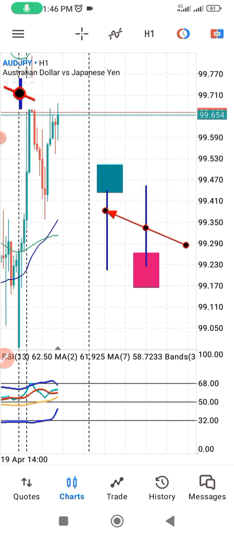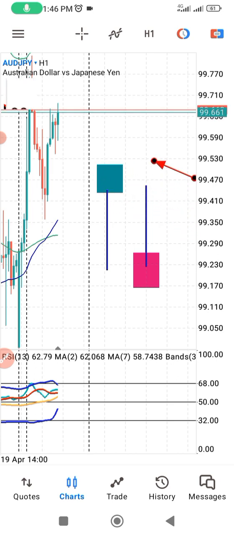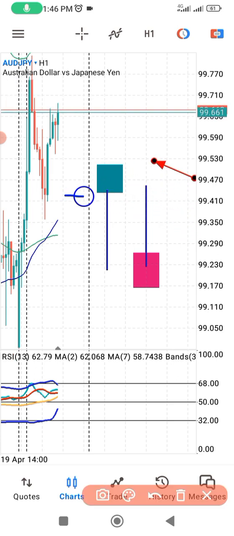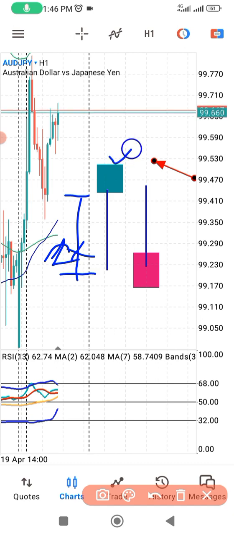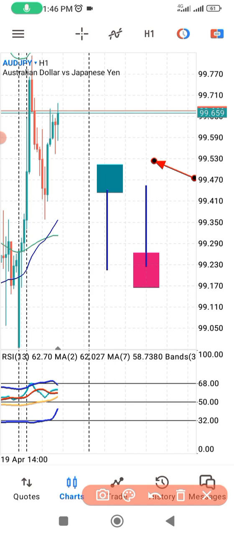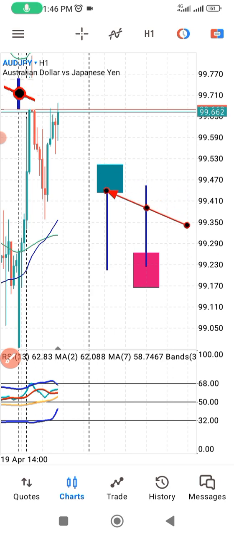This wick, the rejection you are seeing here, should be 2 or 3 times bigger than this body. From here to here should be 2 times bigger than the body. That is an effective pin bar.